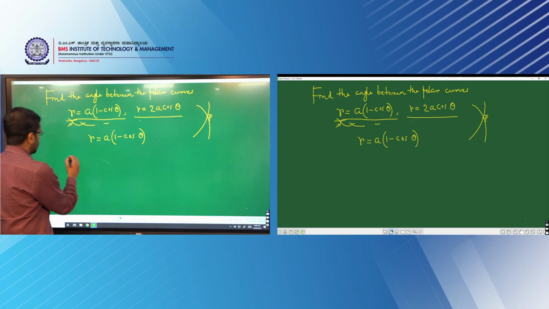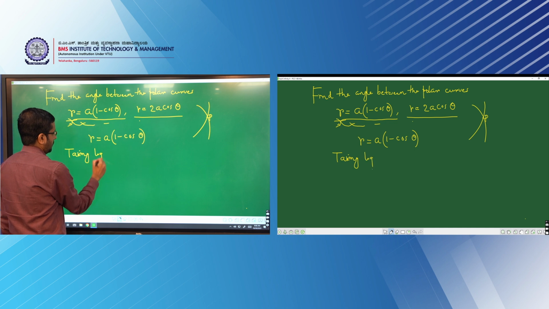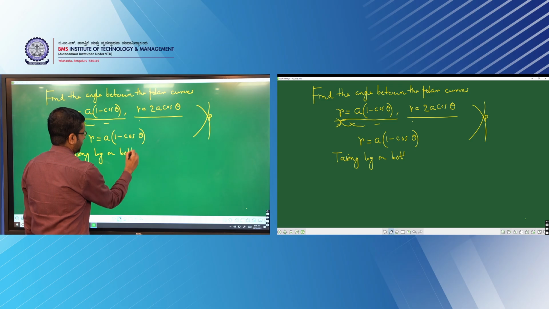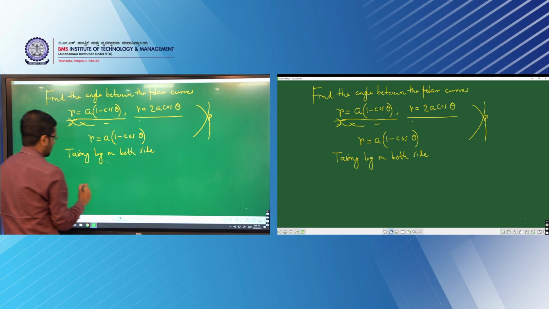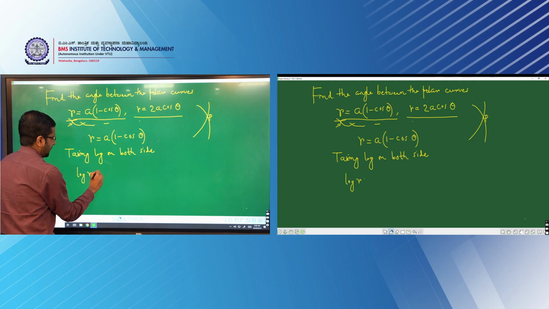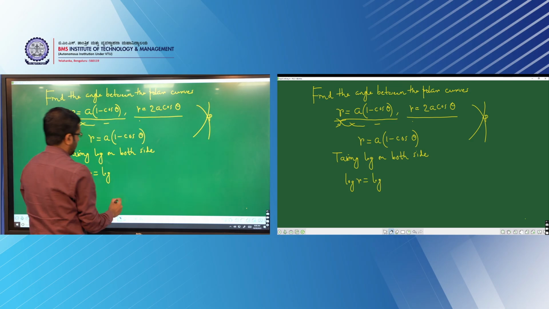Otherwise, one easy technique is to take log on both sides. Taking log on both sides, we get log of r is equal to log of a into 1 minus cos theta.